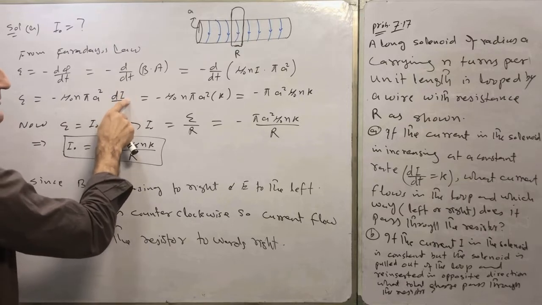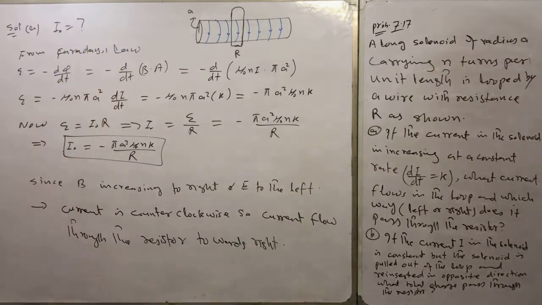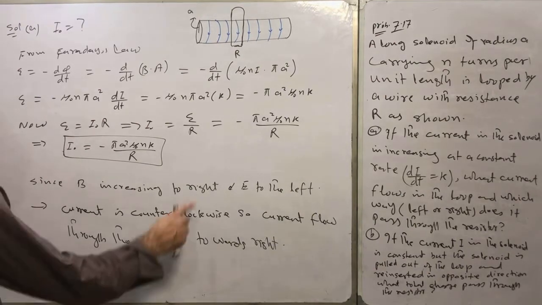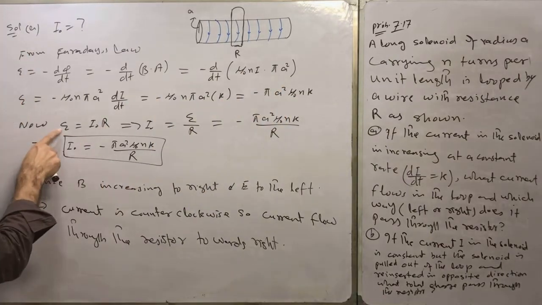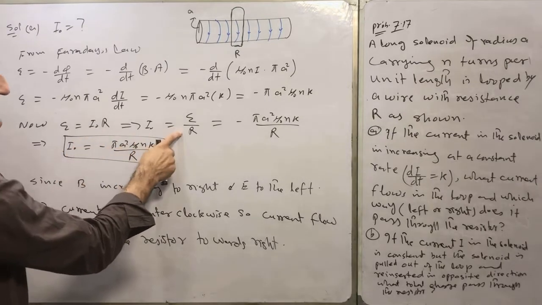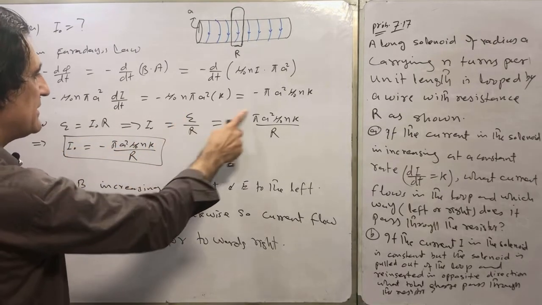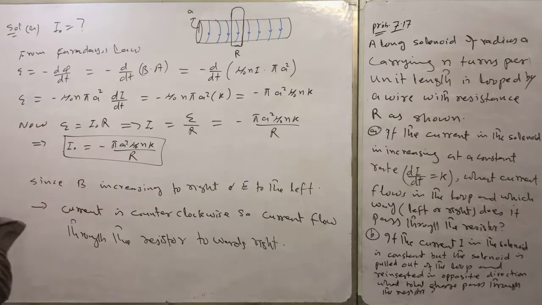Here it is given that dI divided by dt is equal to some constant k, then this is equal to this. And from Ohm's law, E is equal to I naught R, and putting the value of E here, we have I naught equal to this.